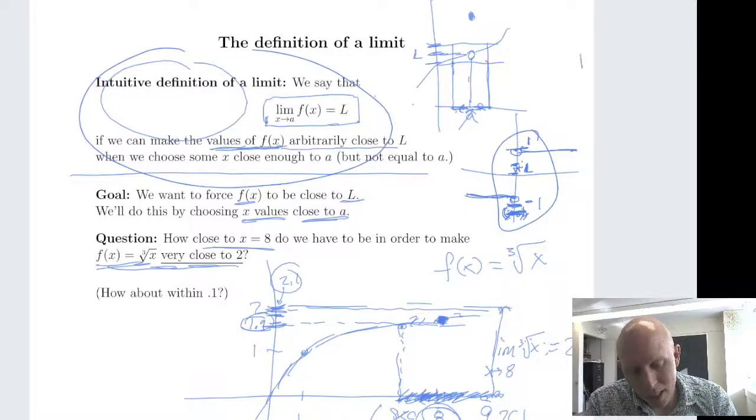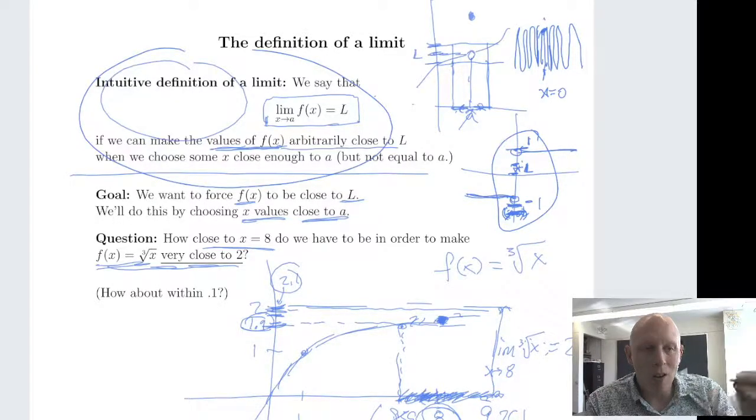We also had this other example of the sine of 1 over x. If we're here at 0, can we find a value where all of the function values for everything in this interval are close enough to our point?